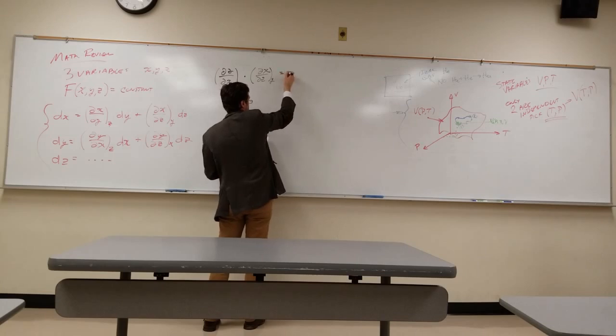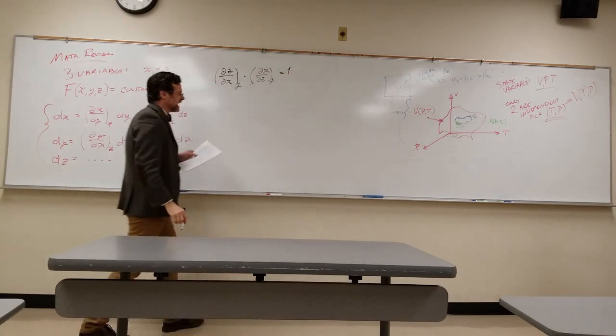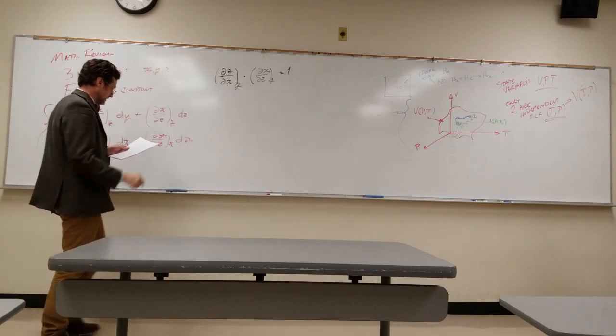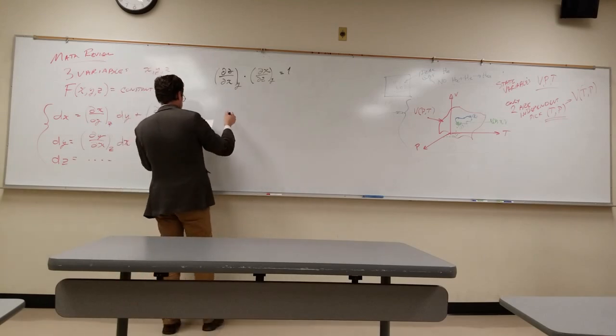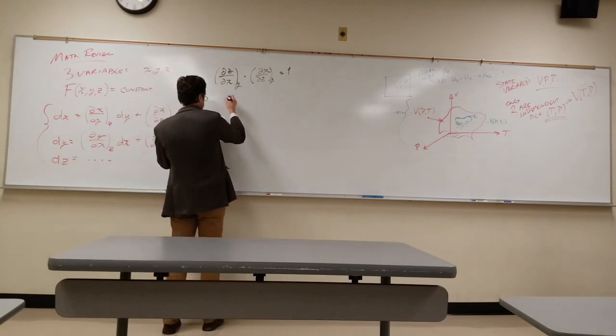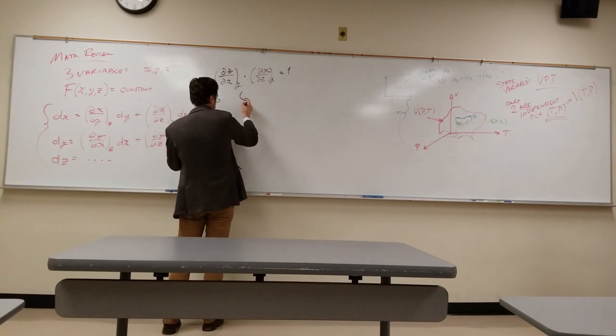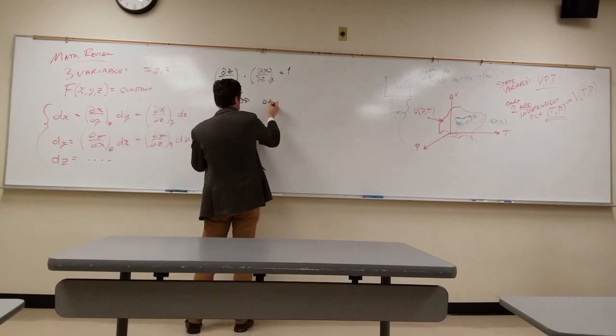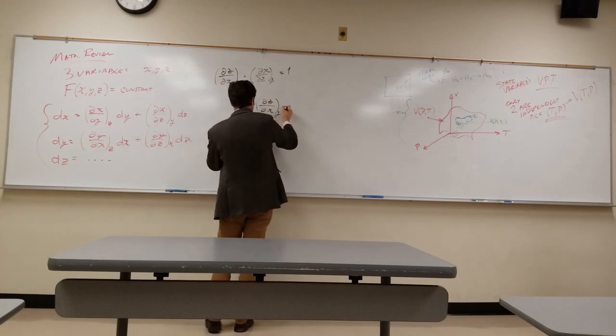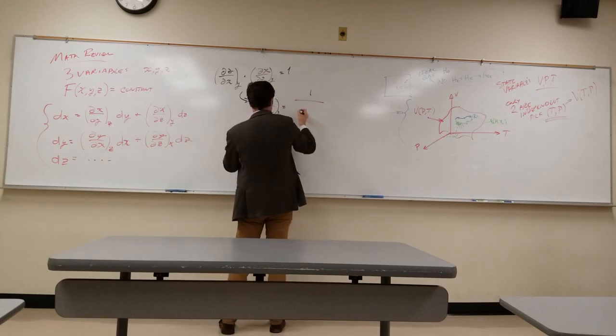Bad physics math actually gets a lot done. Mathematicians hate it, but this is true. It's also true that the partial of z with respect to x at constant y is equal to 1 over the partial of x with respect to z at constant y.